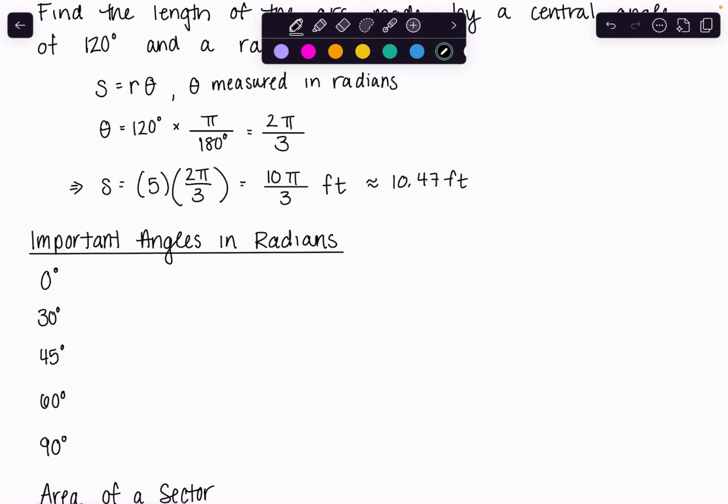So starting out, 0 degrees, you have no angle, you're going to have no radians. 30 degrees, you have to multiply by pi over 180. So it'd be 30 times pi over 180 radians. Well, then top and bottom are both divisible by 30.